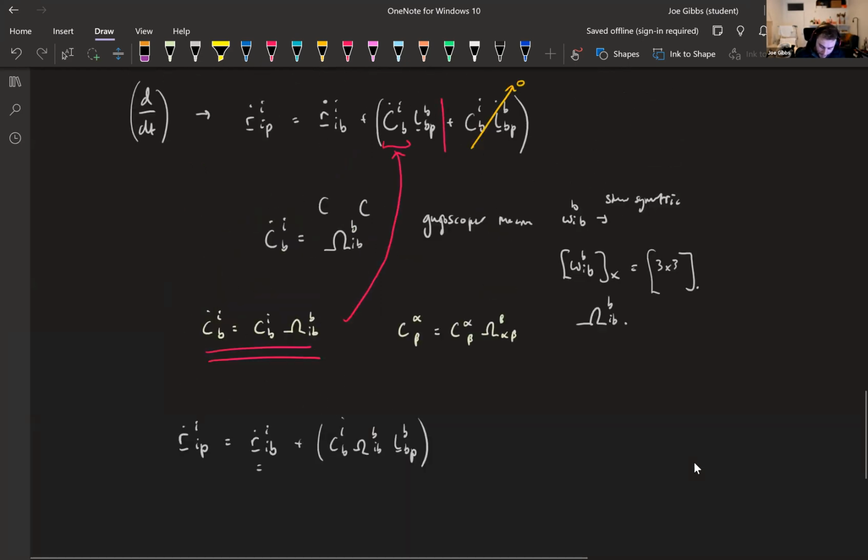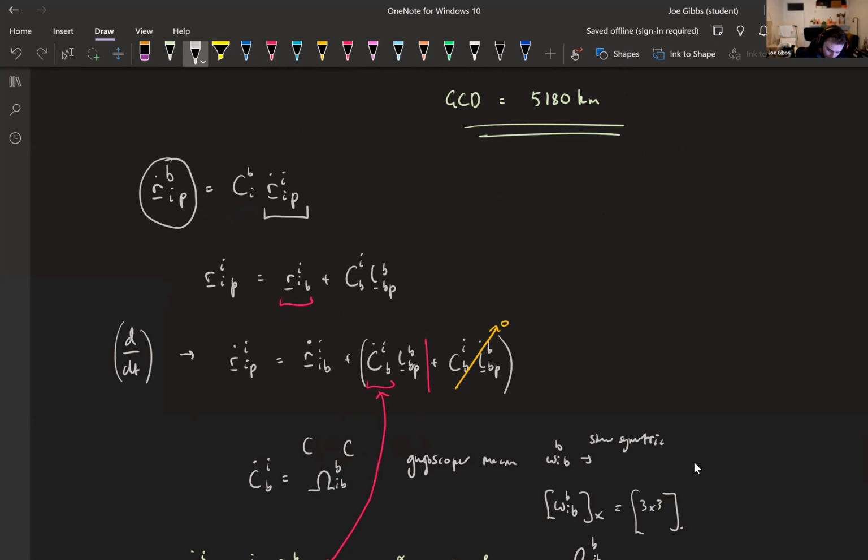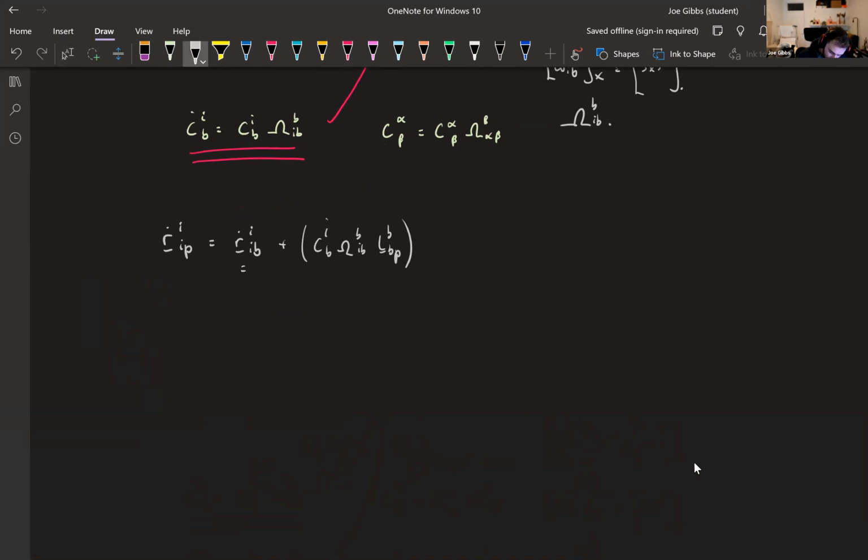Now, if we go right back to the start, we defined the correct value we need to get up here as the velocity of the pilot in the inertial frame with this direction cosine matrix. So we need to add one more direction cosine matrix to the whole thing. To get back into the body frame, we need to do one direction cosine matrix and then multiply the whole expression here.